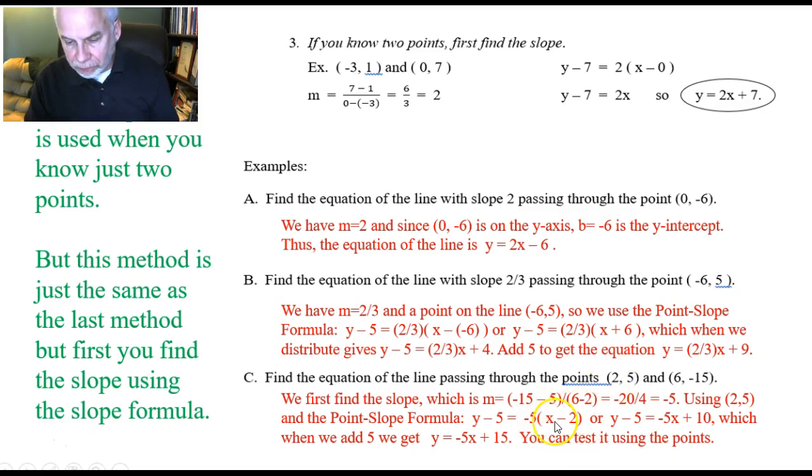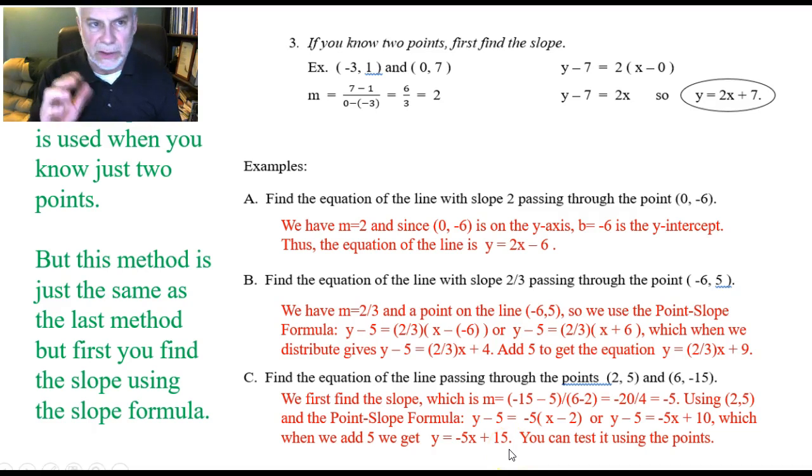So that's the equation. Now I'll just simplify it. I want to go ahead and distribute. So if I distribute, I get y minus 5 on the left side, but negative 5x plus 10 on the right side. And then if I add a 5 to both sides, I'll get y equals negative 5x plus 15. So that's the equation, negative 5x plus 15.